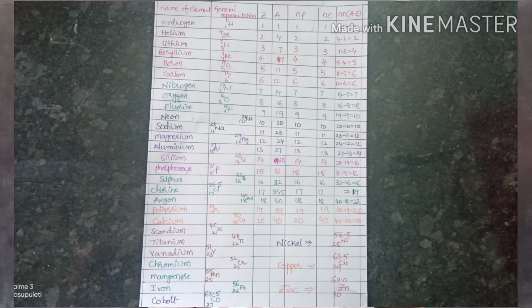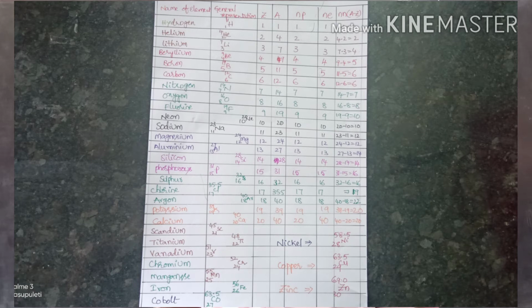Sodium Na1123, means atomic number is 11, mass number is 23. Magnesium Mg1224, its atomic number is 12, mass number is 24. Aluminium 13Al27, means its representation is Al, atomic number is 13, mass number is 27.